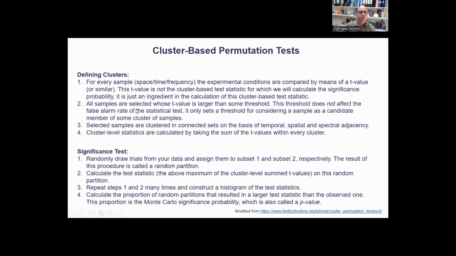On the basis of this metric, step number 1, you decide which t-values could potentially be part of a cluster. That means it's some sort of basic level statistical threshold to say which samples have potentially an effect that could be part of a significant cluster.